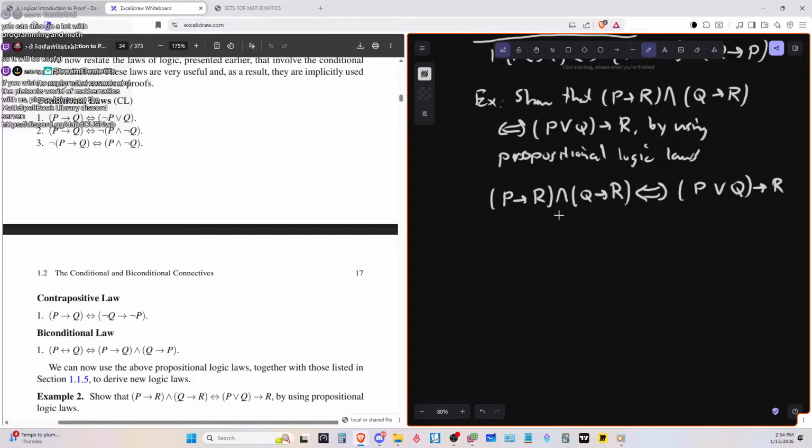This one is pretty interesting. The way I see it, you can remove that, and with that out you're left with P and Q. But where do we get the or statement from?